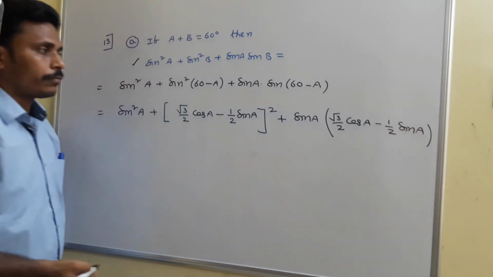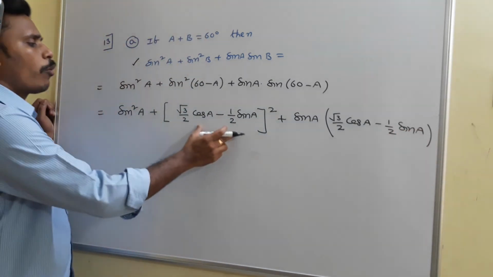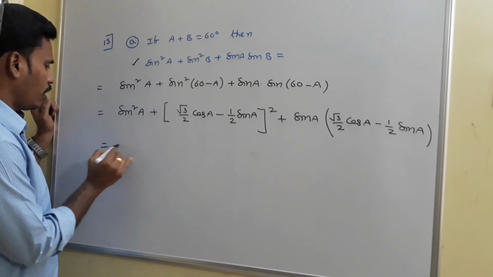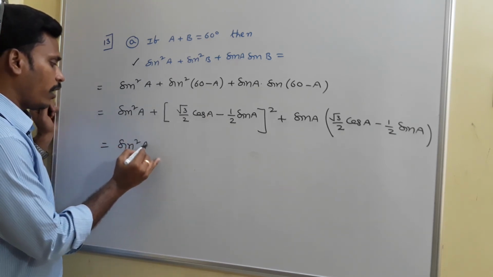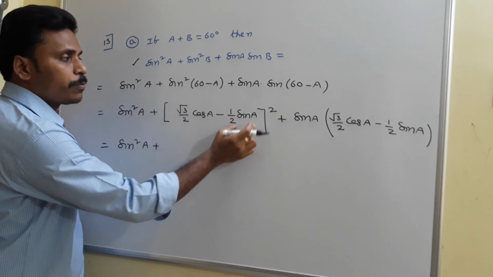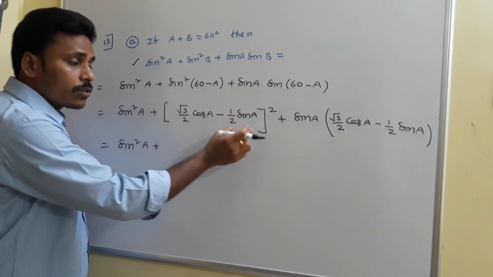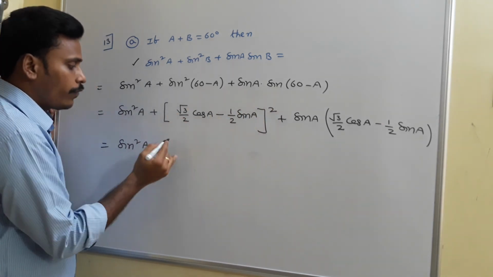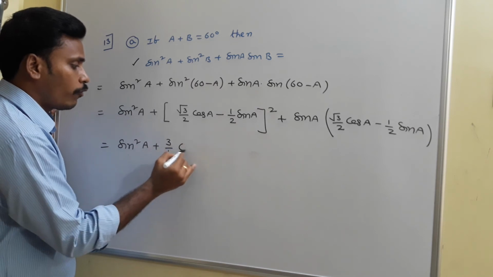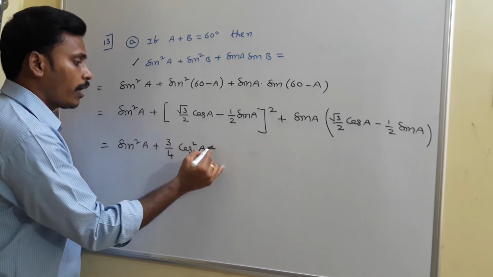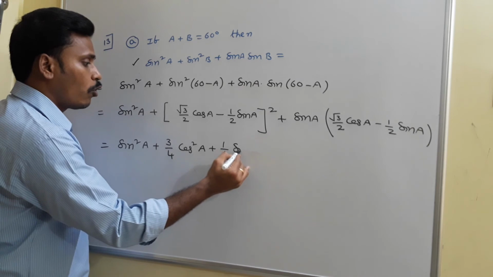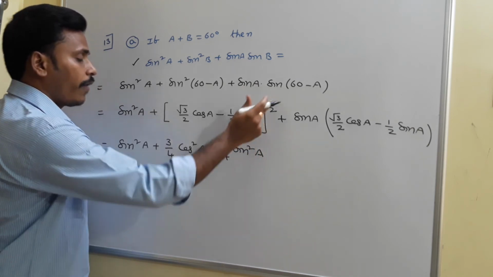Right, that's it. Now we need to apply the square here. This is equal to sin²A plus (a − b) whole square: square of first one, square of second one, minus 2ab. If you square it, you will get 3 by 4 cos²A, and the next thing is 1 by 4 sin²A, and then 2ab.